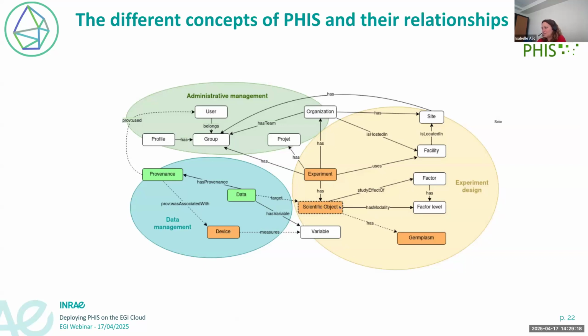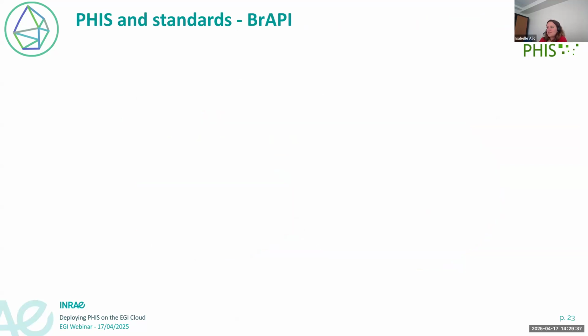A scientific object will be linked to genetic resources. The device will allow to make measurements of data that is linked to a variable. So we have all these concepts that are formalized in ontology in the database. And these concepts are aligned with a lot of standards of the community.